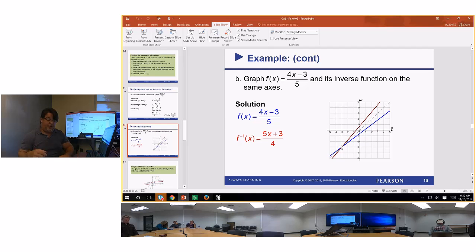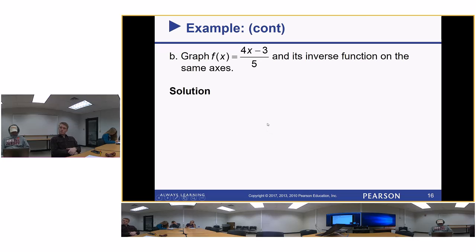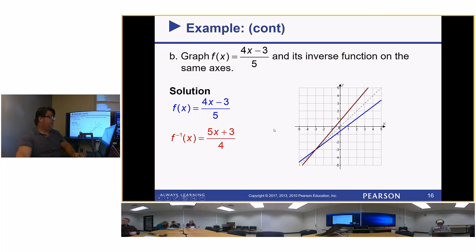Now, with any function where x to the first is the function, your line of symmetry is always going to be y equals x. See the little dashed line going up through there? That dashed line is y equal to x.